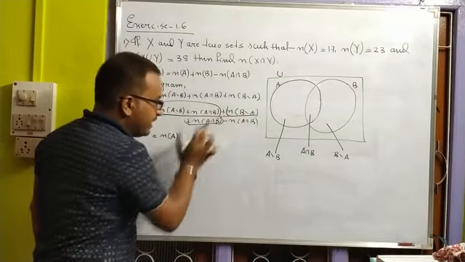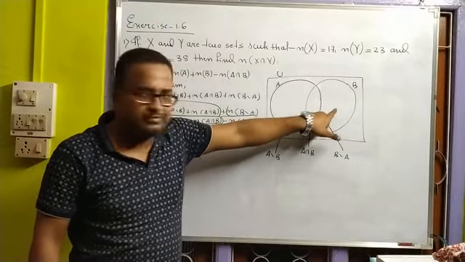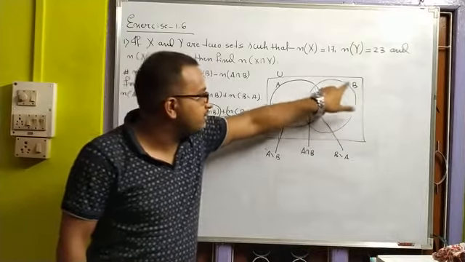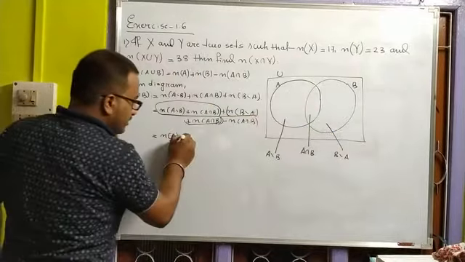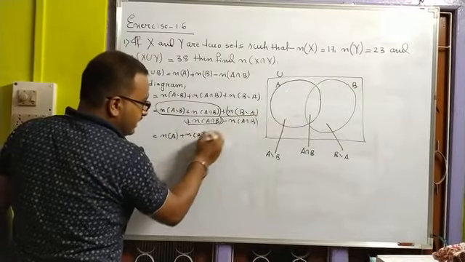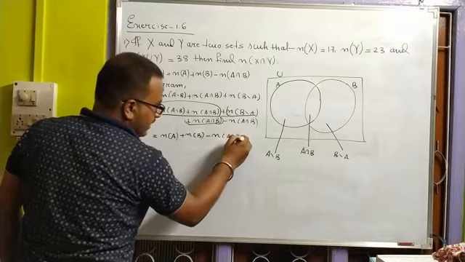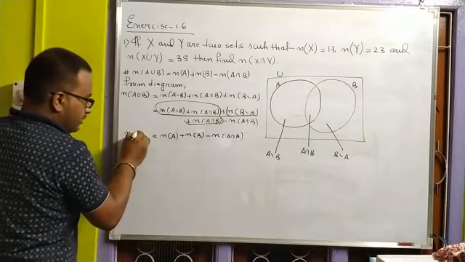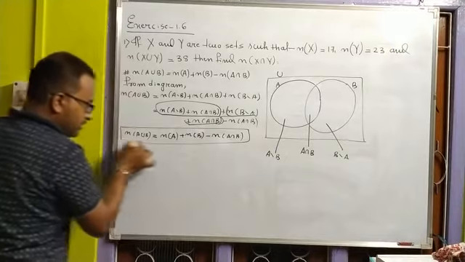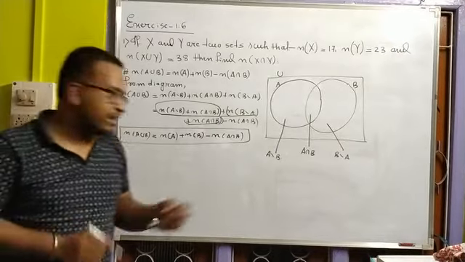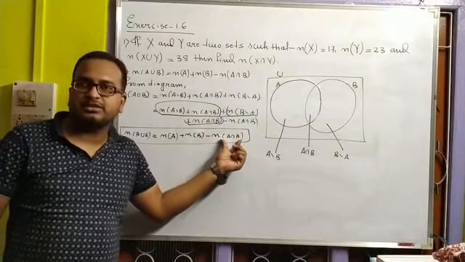That means number of elements of that region plus number of elements of that region gives you number of elements of the set B. Right? So this is your number of elements of the set B, and this minus this quantity is there, so number of elements of the set A intersection B. So number of elements of the set A union B equals number of elements of the set A plus number of elements of the set B minus number of elements of the set A intersection B.